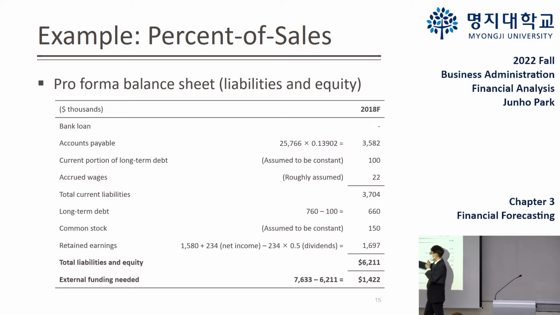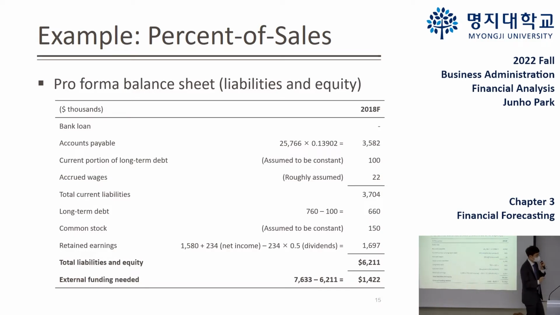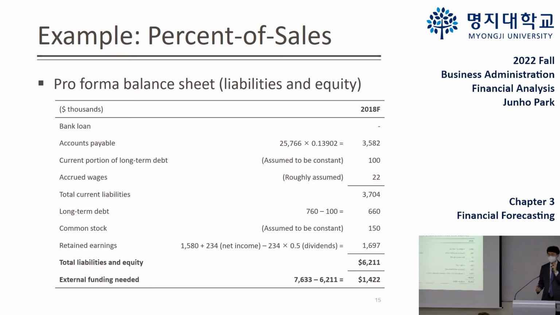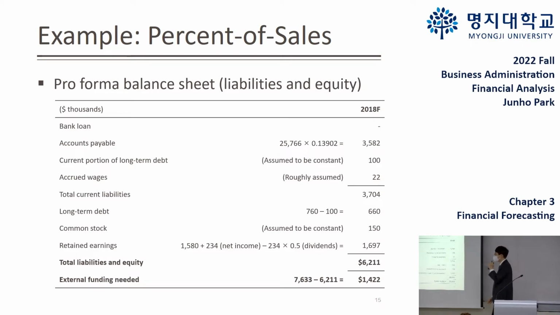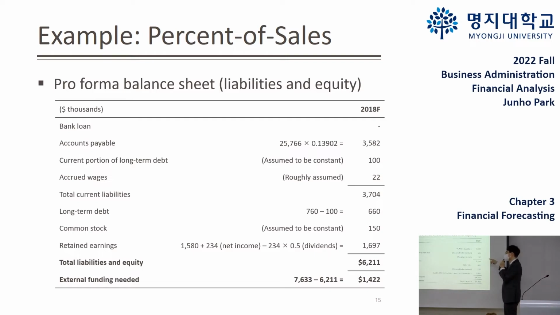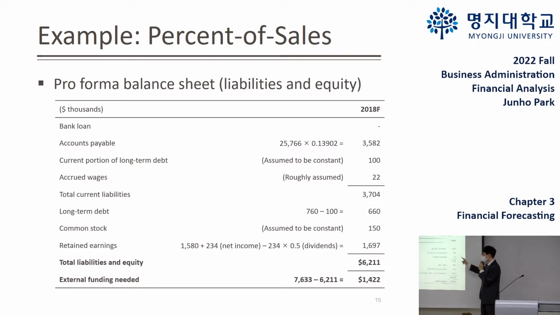And the current portion of long-term debt is the amount of debt that I have to pay back this year, and it was $100 in 2017. So I'm just going to assume that it will be the same for the next year. So I write down 100 here. And again, accrued wages are not proportional to sales, but I'm going to assume roughly that it will be 22 in the next year.